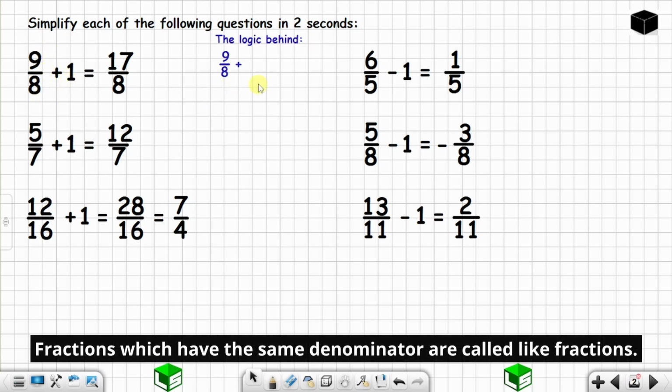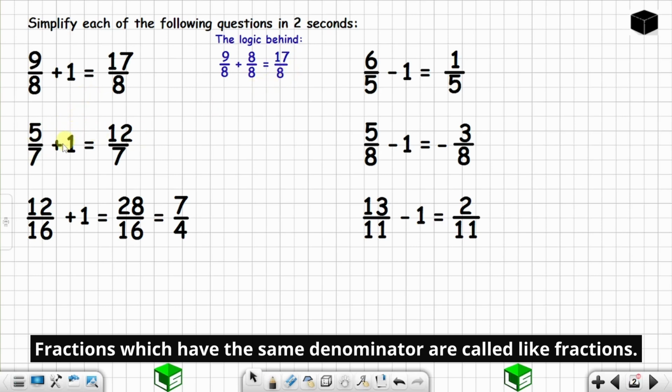So I'm going to change 1 to 8 over 8, and 8 over 8 is 1. Now I have like fractions, which have the same denominator. So you add the numerators: 9 plus 8 is 17 over 8.